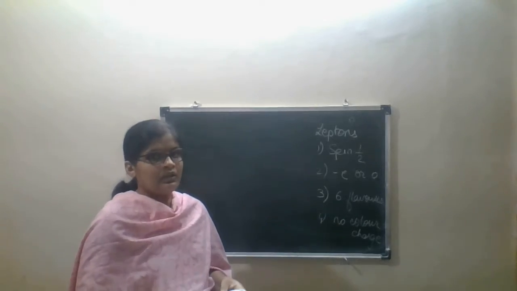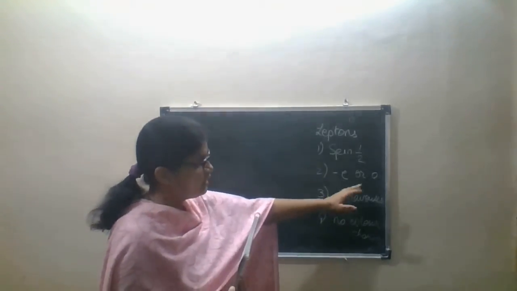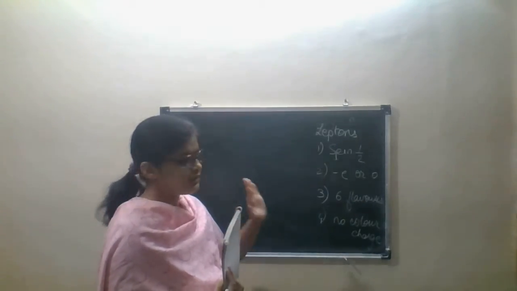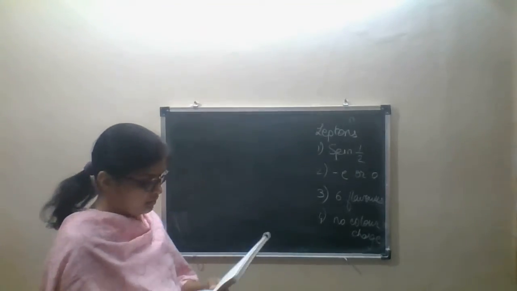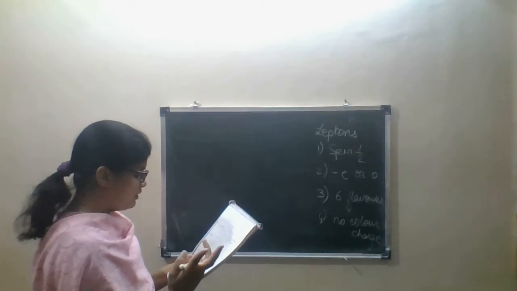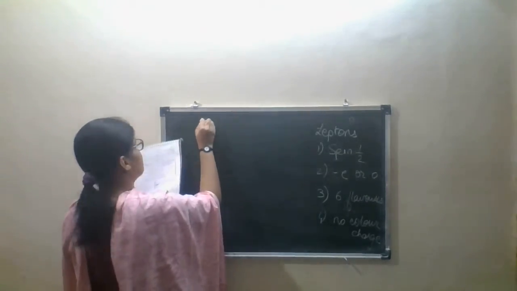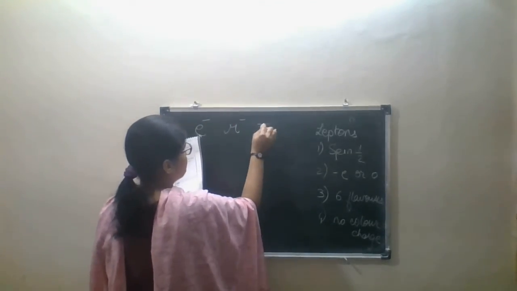What is the difference? In quarks, the charges were plus 2 by 3 and minus 1 by 3 respectively. There were also 6 flavors, but here no color charge is there. So what are the respective particles? Let us see. We use only 3 particles here: e, mu, and tau.